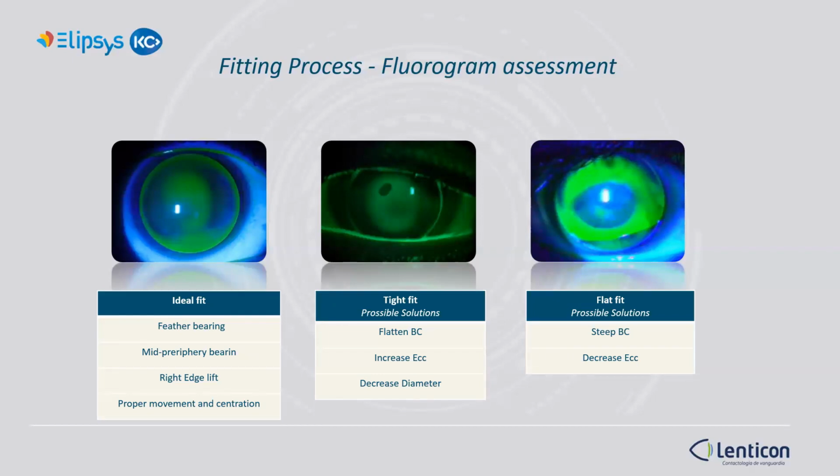To improve that fit, we must flatten the lens's base curve, increase eccentricity, or decrease diameter. On the other hand, if there are central heavy bearing zones, edge completely lift, and central corneal staining, the lens is flat fit. We need a steeper base curve and or lower eccentricity.